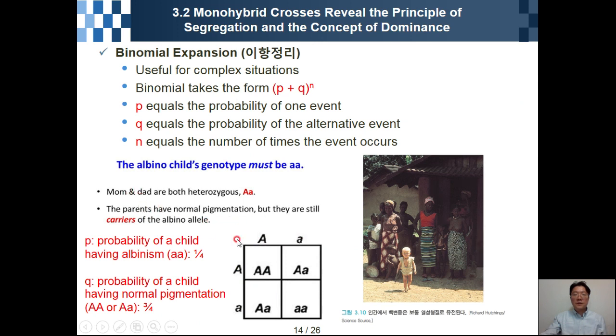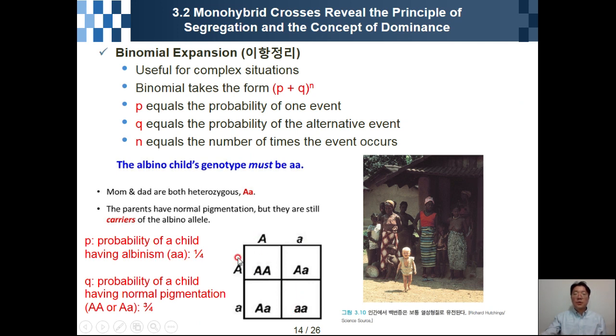Because large A is dominant over small a, the parents have normal pigmentation. But they are still carriers, with the small a. After the mother and father cross, the probability of a child having albinism will be 1 out of 4, isn't it?